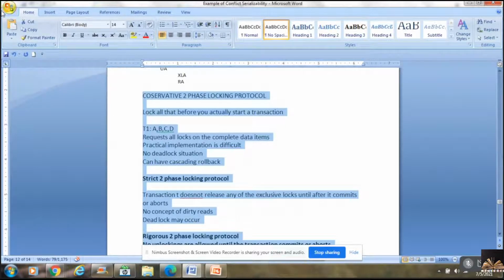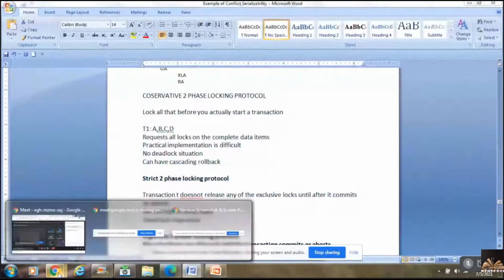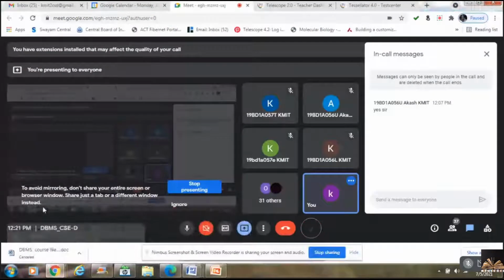Now there is no concept of deadlock because it enters into execution mode only if it has acquired all the locks, or else it does not enter into the execution mode. And there might be a chance of cascading rollback happening. Is it clear, ma? Are you able to understand, or any problem? Is it clear?